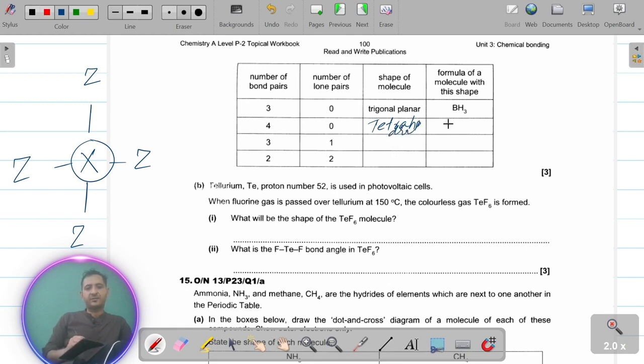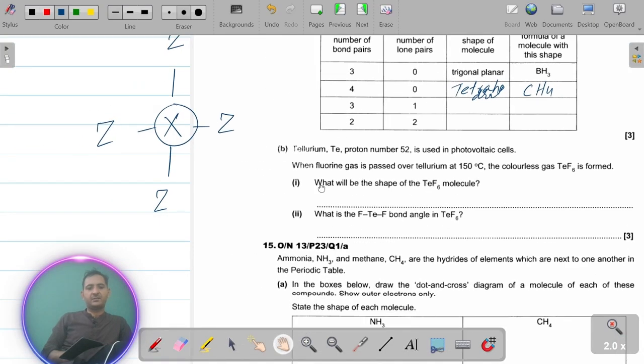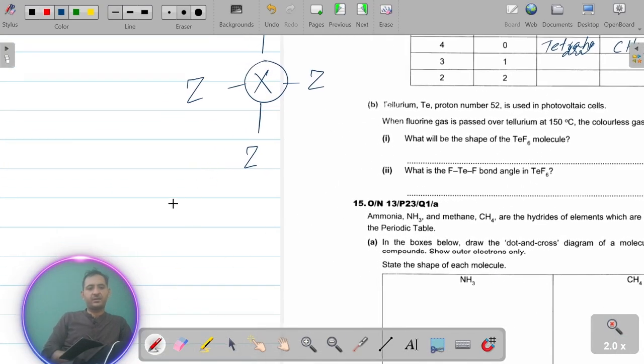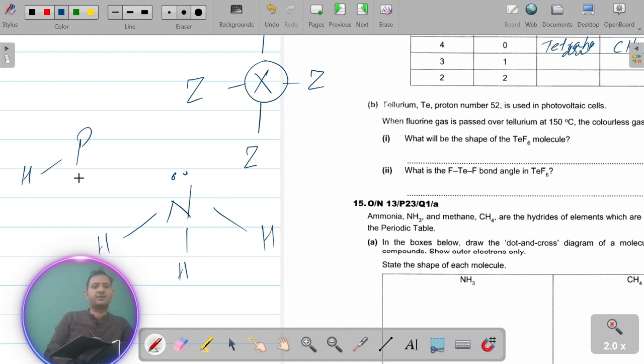And for CH4, we can write methane. Carbon has no lone pair of electrons. Next, 3 bond pairs and 1 lone pair of electrons. It means he is talking about ammonia. Ammonia has 3 bond pairs. Instead of ammonia, you can also write PH3, because nitrogen and phosphorus are both from group 5.